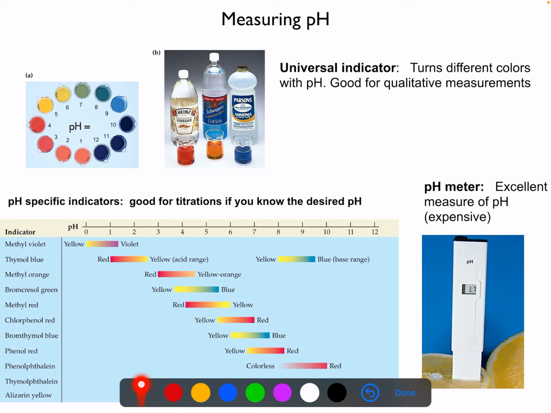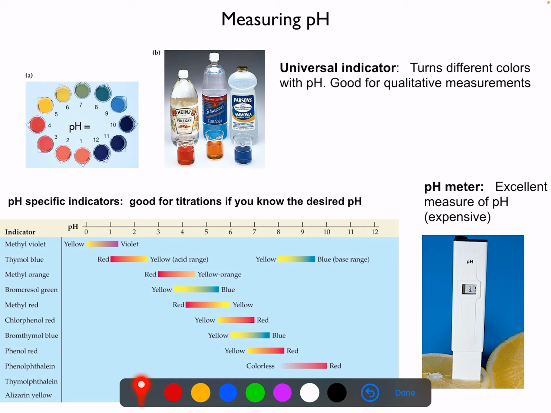It's also important to know there's a lot of good ways to measure pH. We can calculate it sometimes, but in the lab we can measure it. There's what's known as universal indicator, and this is a solution that'll change color based on the pH. And so you can put a couple drops of this solution into anything, and it'll change color, and based on the color, you can determine what the pH is. Or you can use an indicator, and an indicator is something that'll change color only over a certain range.